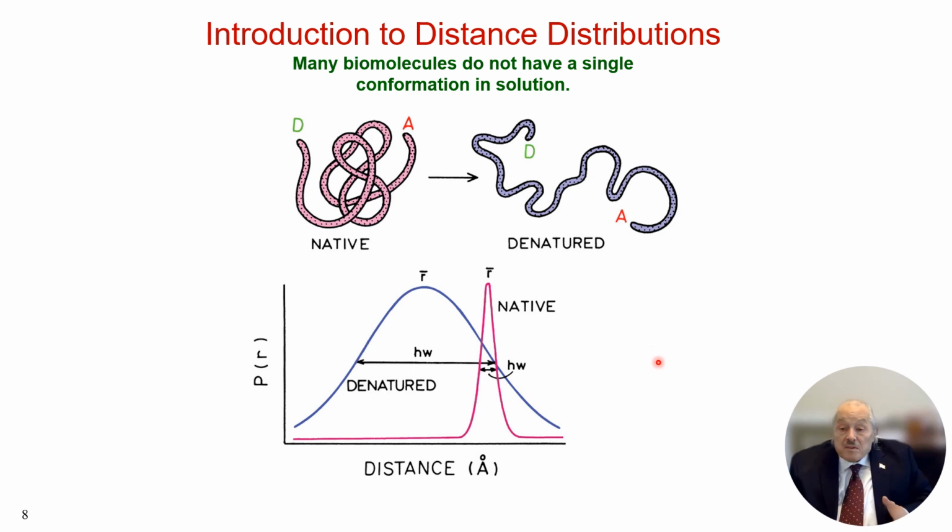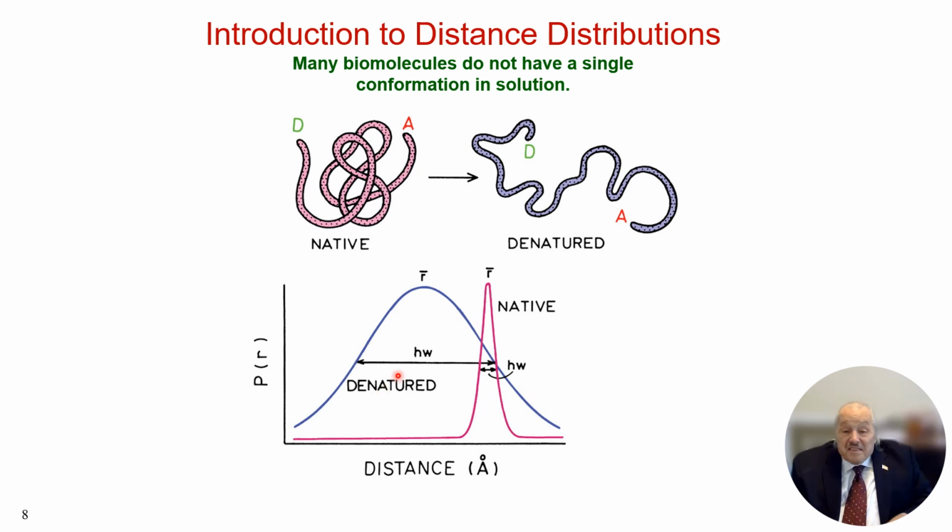Okay, we're ready on to our second topic, distance distributions. This was very difficult when we started it. So here's what we were thinking. You have a protein in a native state, and you have a protein in a denatured state. Let's say we looked at the probability of distance R, at any distance from the donor to the acceptor.